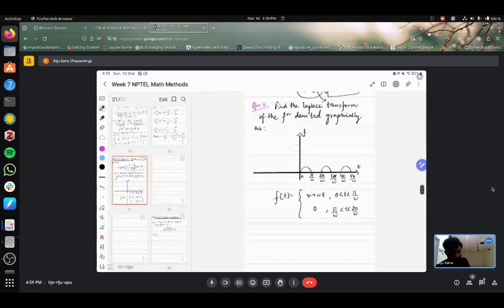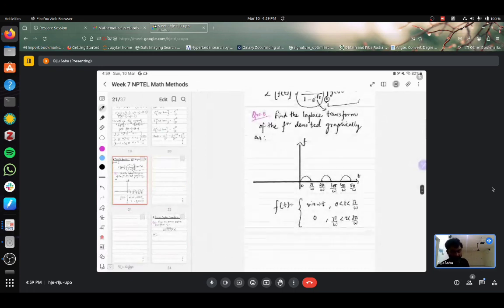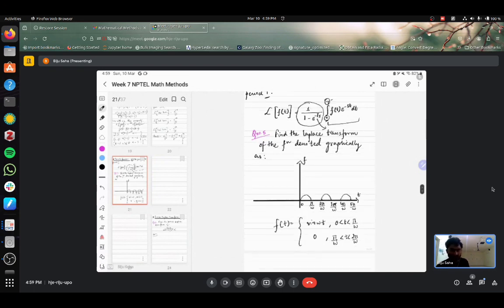Here you see it is a periodic function, I have denoted it through this graph. Can you please say what is the period of this function? Because we need to know the period before we can go on to calculate the Laplace transform. What is capital T here?